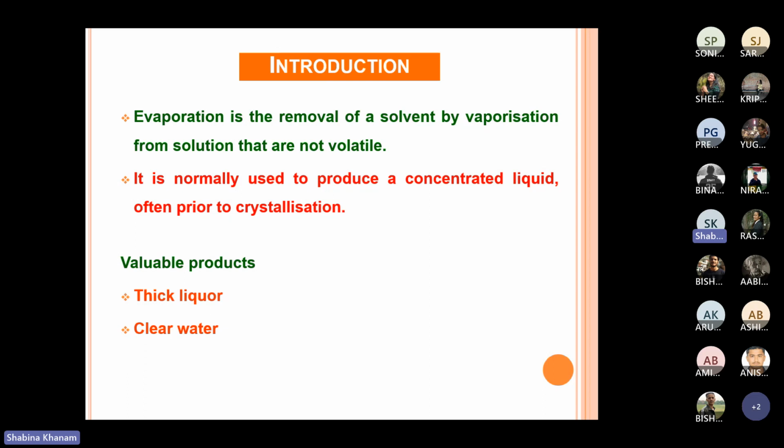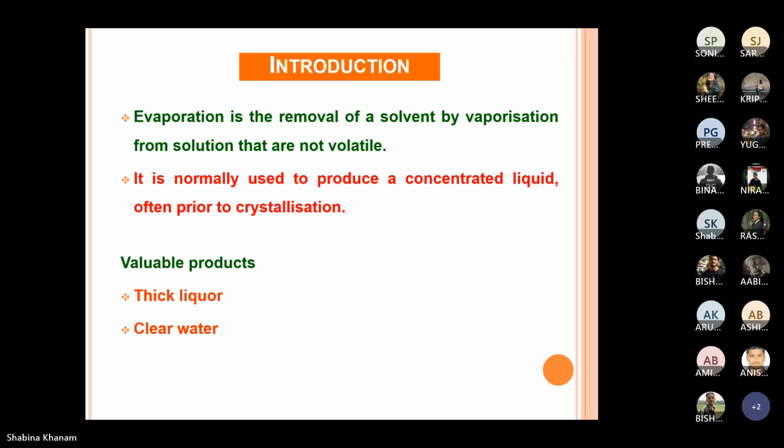It's not that if thick liquor is your priority, you will throw away the water generated from vaporization. That water may not be of that quality, but it could be used in agriculture and many other purposes. So both are useful for us.